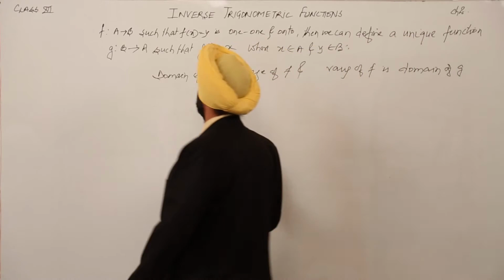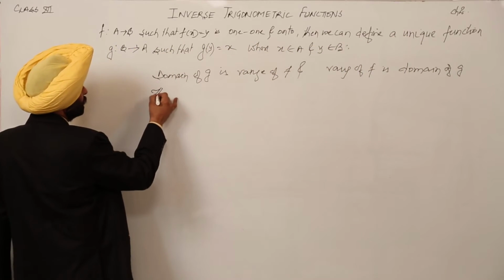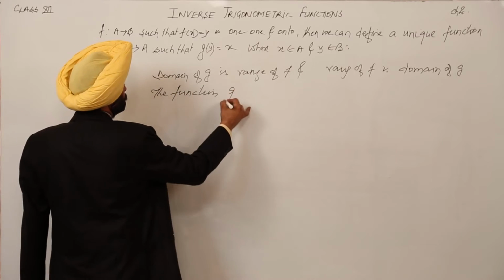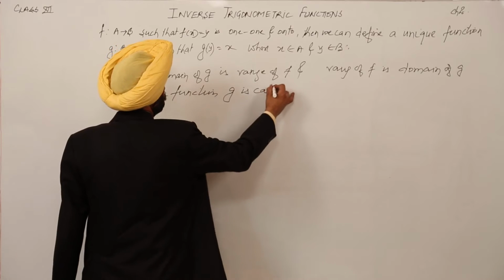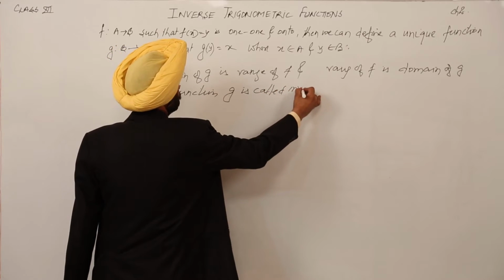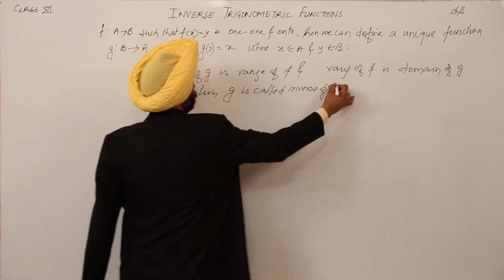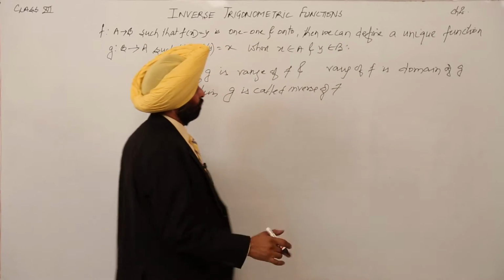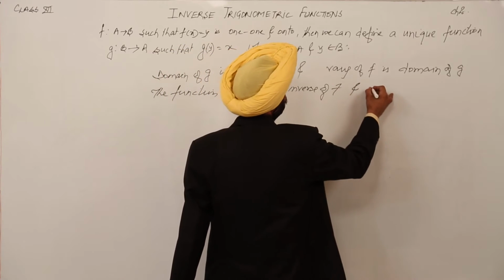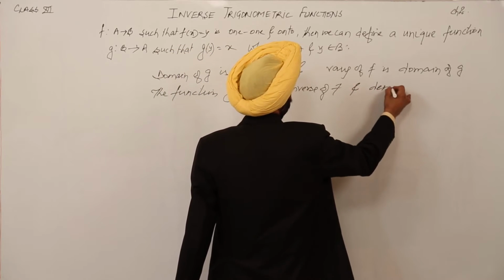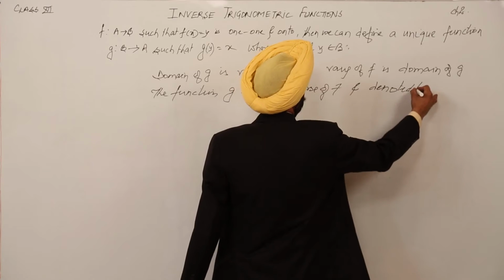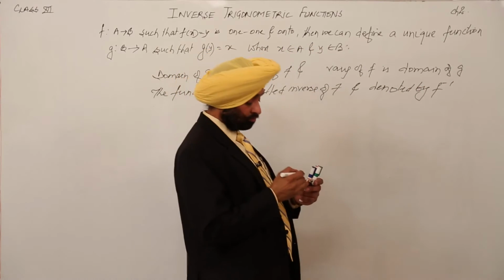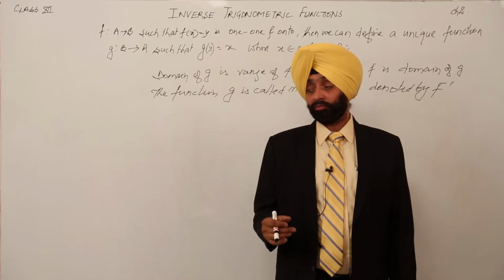G. Now you can write it, the function g is called inverse of f, and it was denoted by f inverse. So why have I given you a definition again?